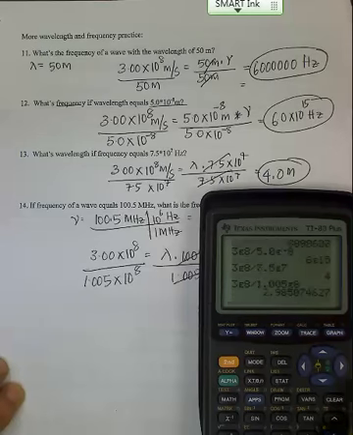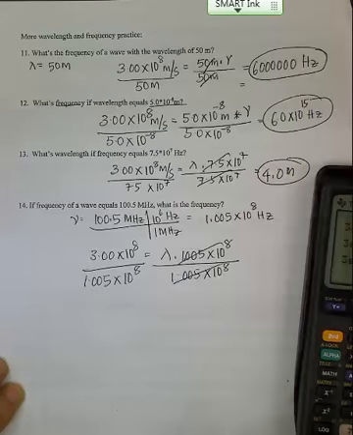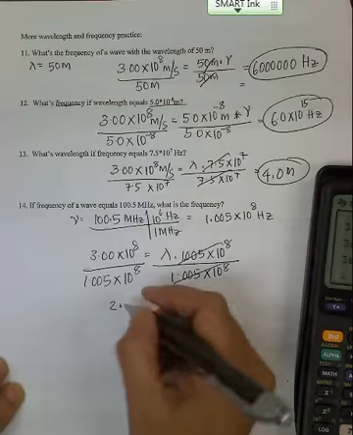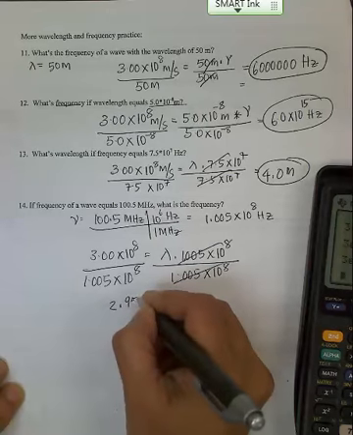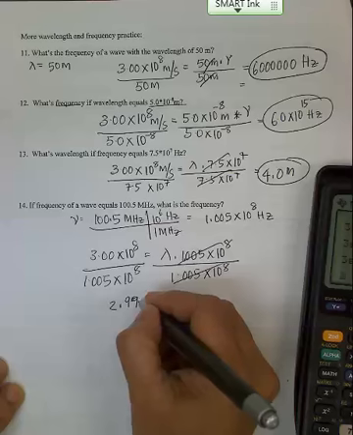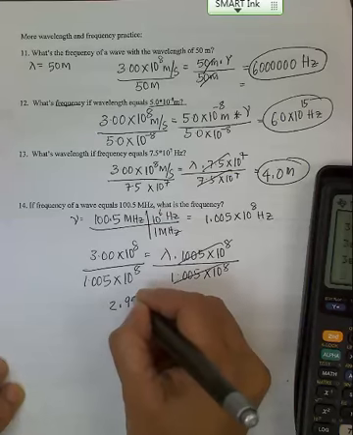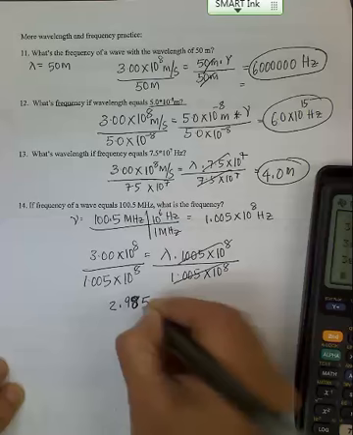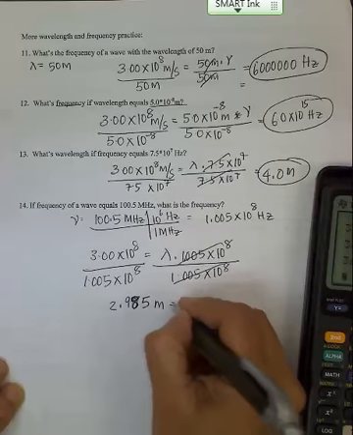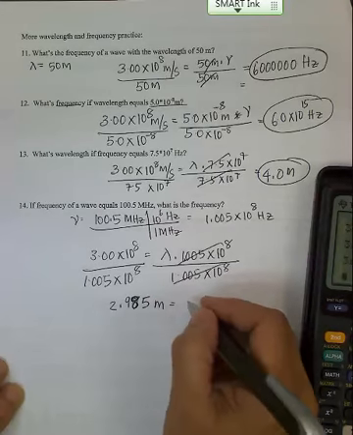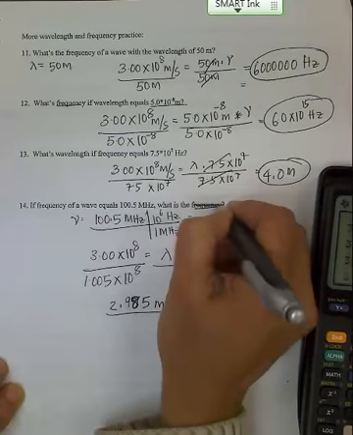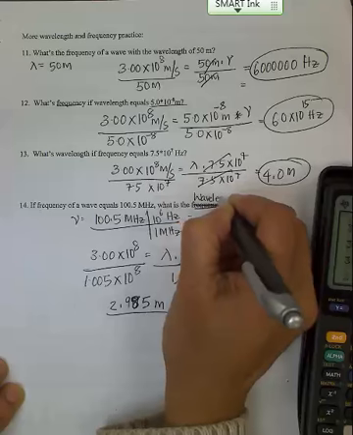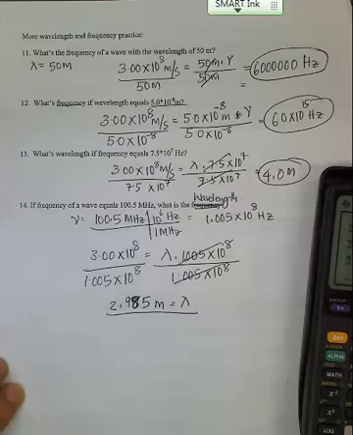I get my answer as 2.98, or 2.99, 2.985 actually, reporting to 3 sig figs. 2.985 meters is the wavelength. This problem reads wrong because the frequency is given here, and you should be solving for wavelength. So my wavelength is 2.985 meters.